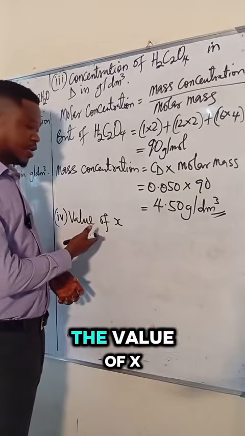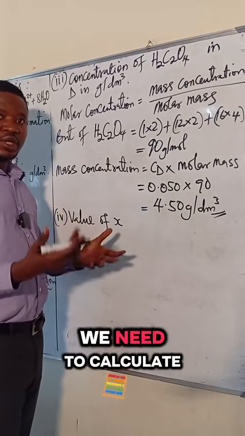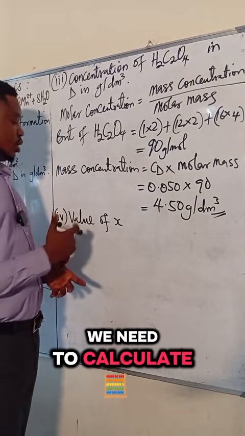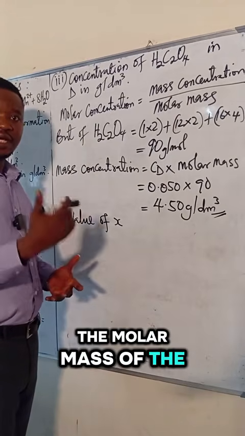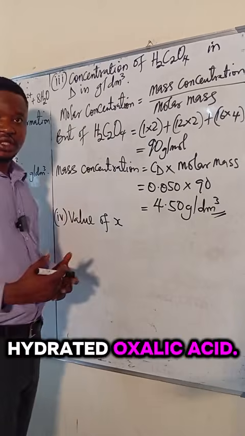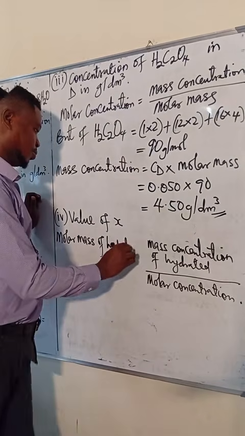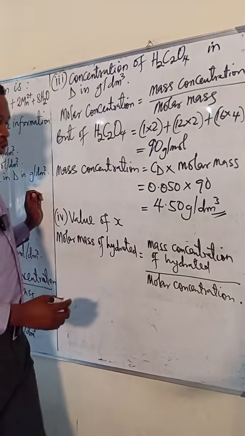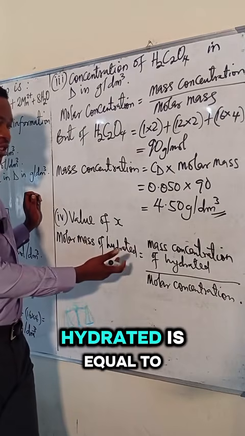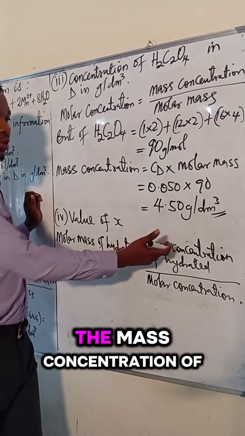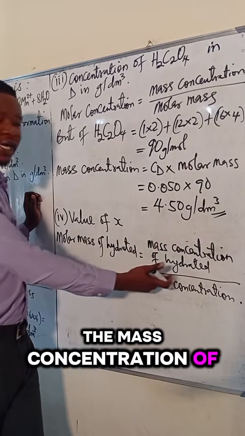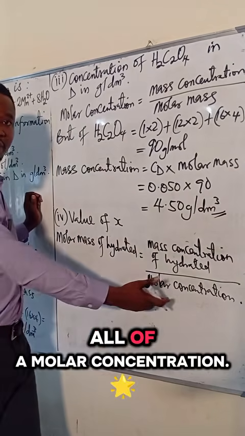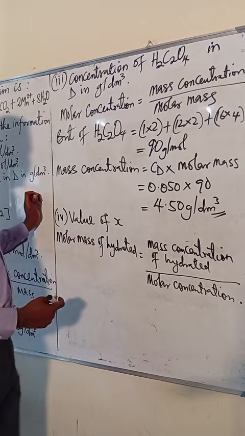To calculate the value of X, we need to calculate the molar mass of the hydrated oxalic acid. The molar mass of hydrated is equal to the mass concentration of the hydrated all over molar concentration.